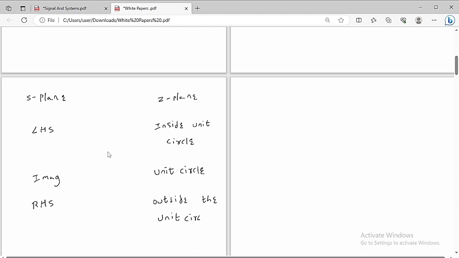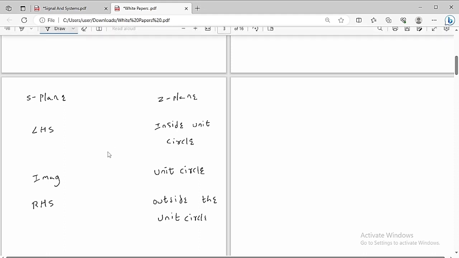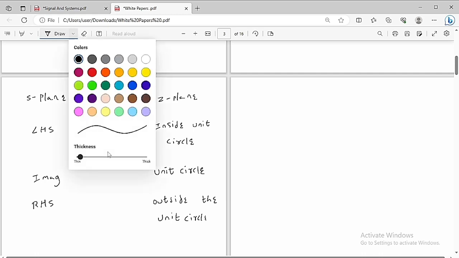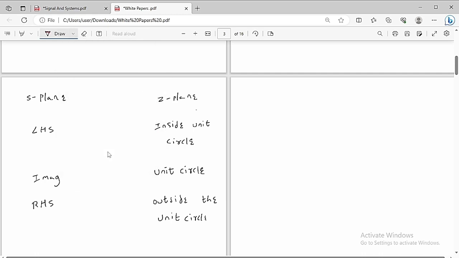So this is the thing you always have to keep in your mind. Even if you forget the concept, if you know that z is equal to e to the power of s, then you can easily derive it.